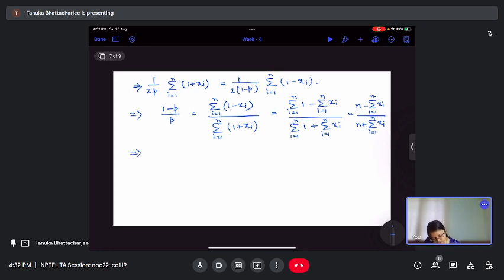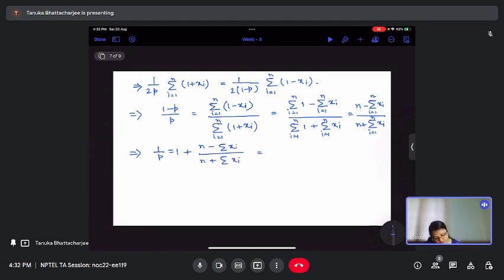Now this is the left hand side, we can further write it as 1 by p minus 1. If we take that minus 1 to the other side, it will become like this. I'm just not writing the limits of the summation.